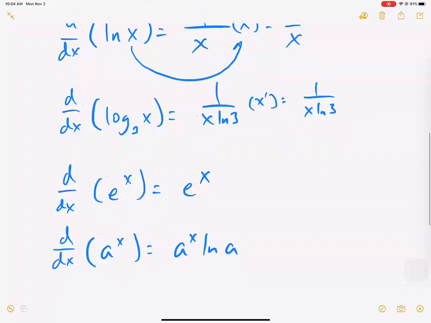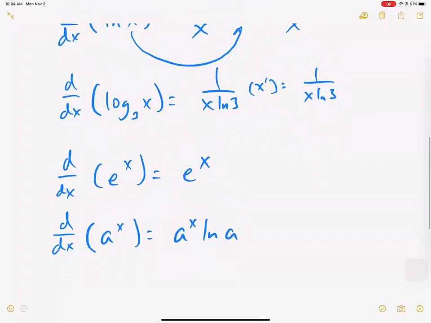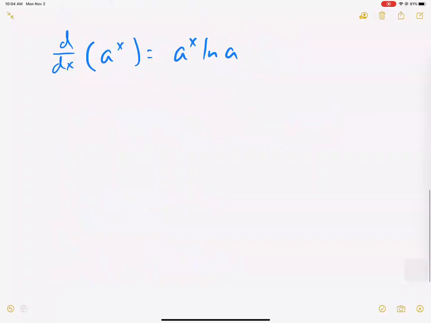Now, here is a dilemma that we're going to run into. What if I give you this problem? What is the derivative of x to the x power? Okay.